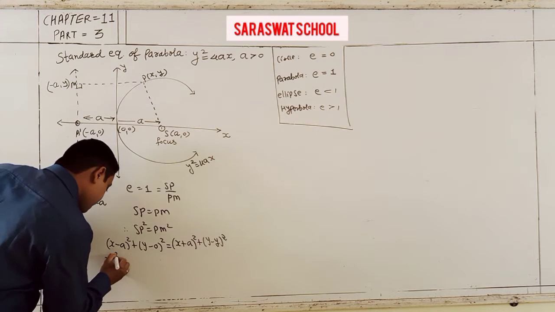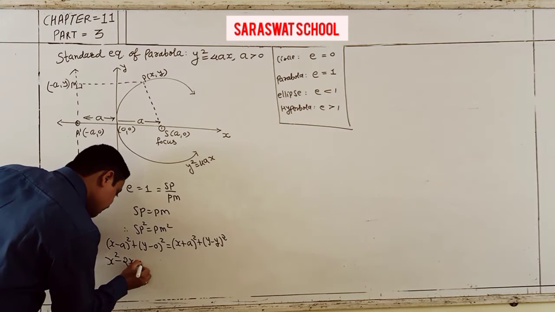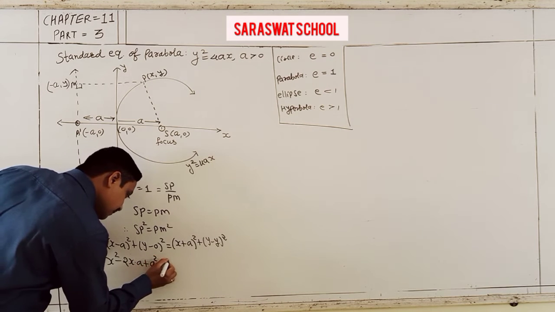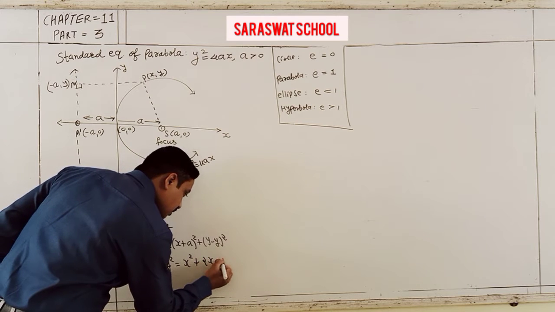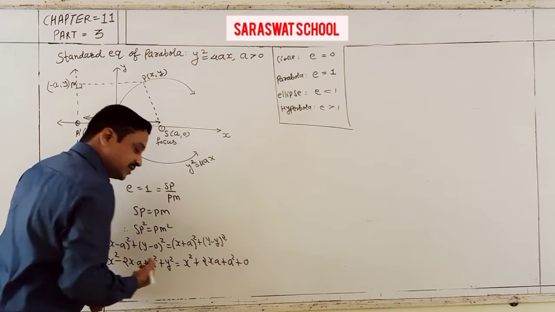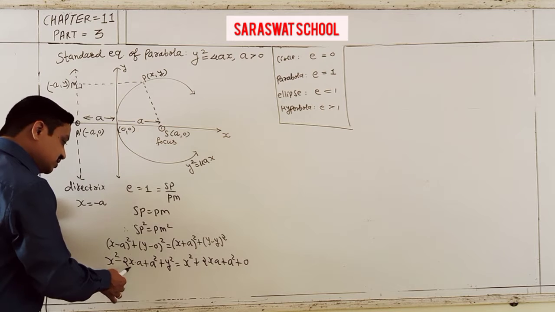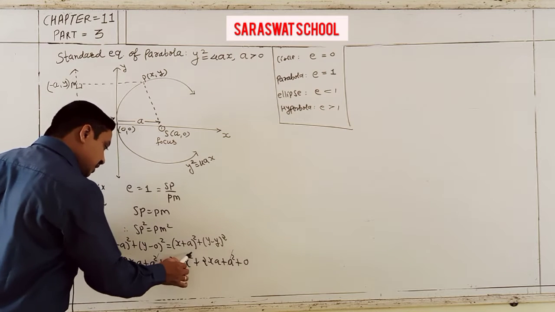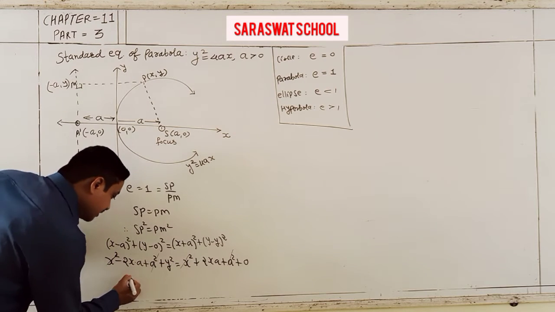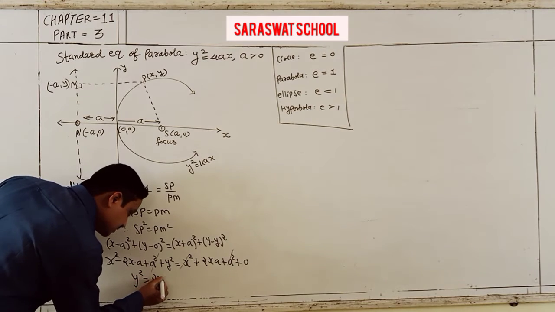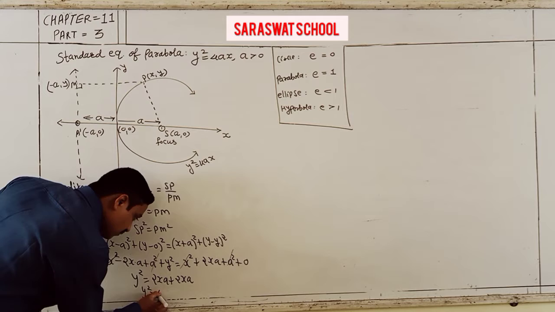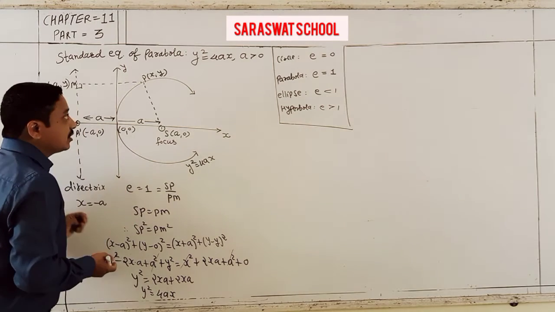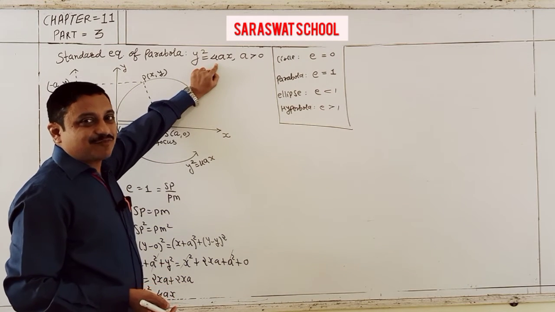Here x square, 2xa, a square, the same here x square, 2xa, a square, and that is 0. You check that a square is gone, x square is gone, only y square is equal to twice xa plus twice xa. It will come to 4ax, and that is your standard equation of the parabola.